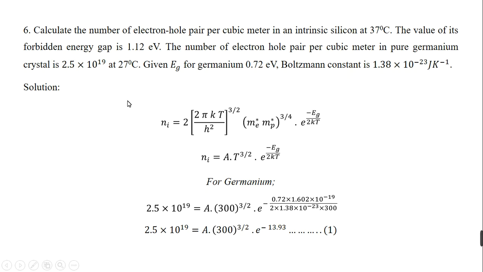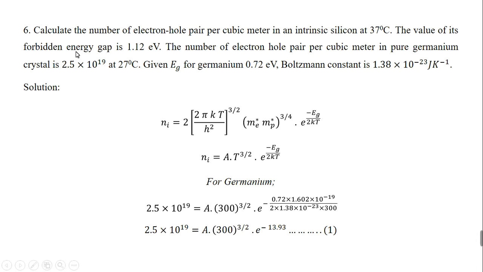Now read the problem carefully. What is to be determined, that we have to list it out. So what is to be determined here is the N value, that is the concentration of electron hole pairs in silicon for the particular temperature they have mentioned, 37 degrees centigrade. So you convert this into kelvins: 37 plus 273, keep it aside.